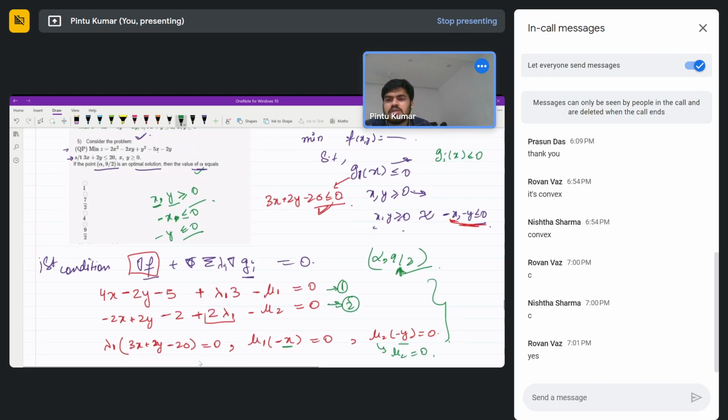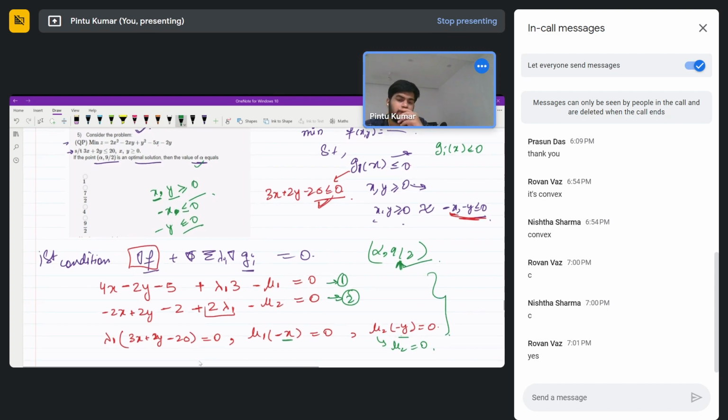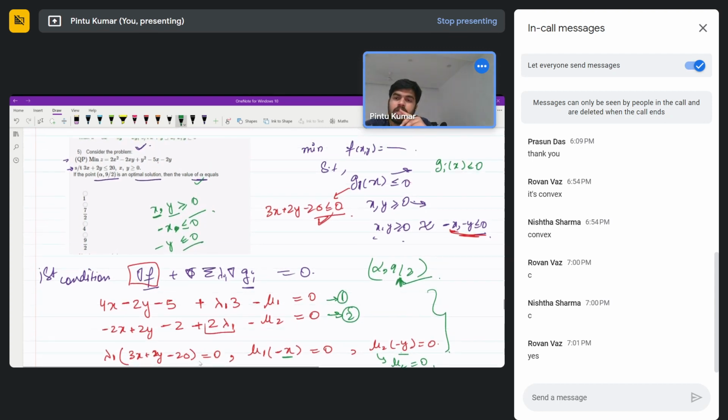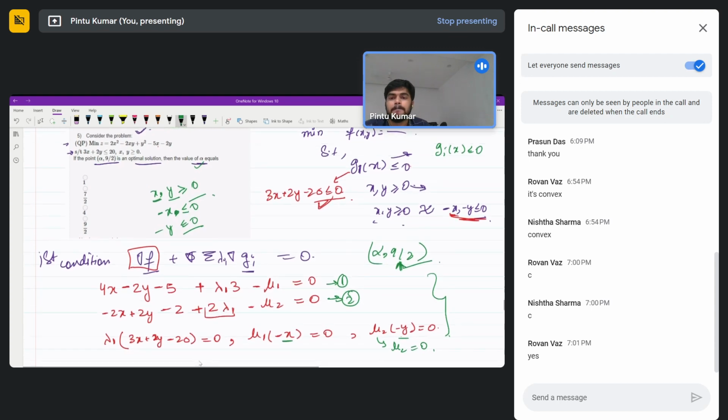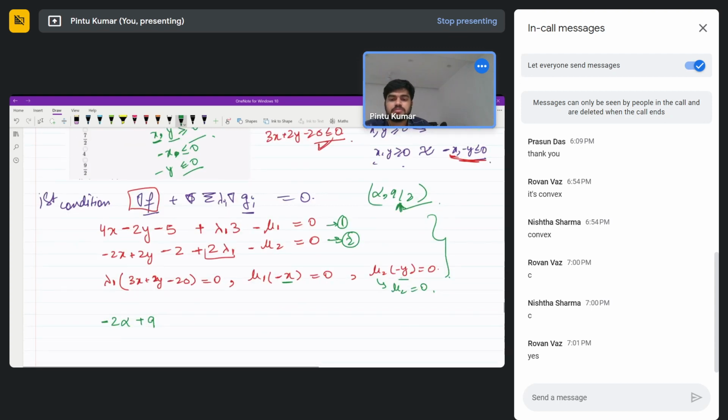Yes, this is with respect to y, so this should be plus. Yes, this is correct. And then this is minus 2 plus 2 lambda 1 is equal to 0.